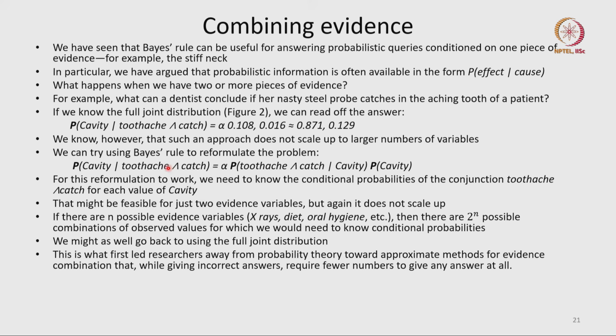Suppose you use the Bayes rule. The probability of cavity given toothache and catch will be the probability of toothache and catch given cavity, times P of cavity. So you need to know the conditional probability of toothache and catch.